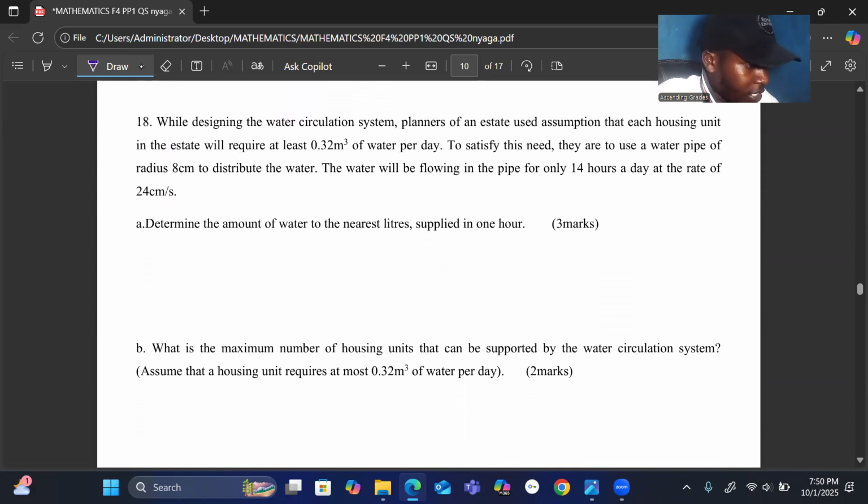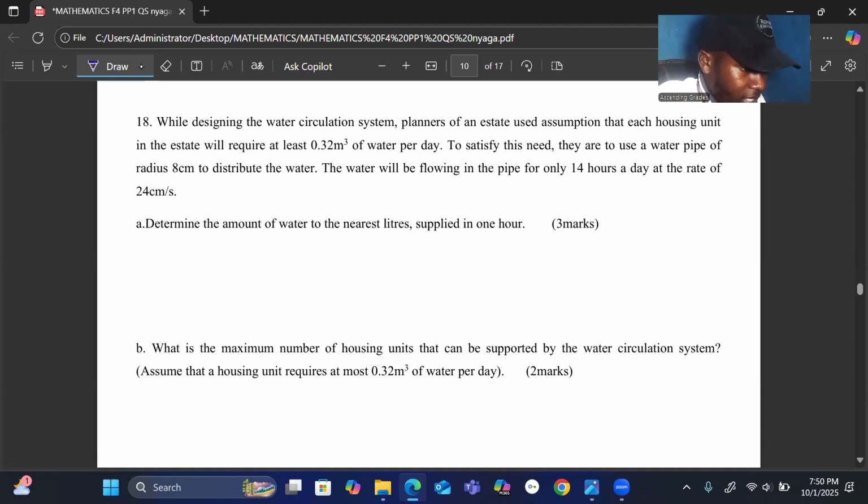Question number 18. While designing the water circulation system, planners of an estate used the assumption that each housing unit in the estate will require at least 0.32 cubic meters of water per day.